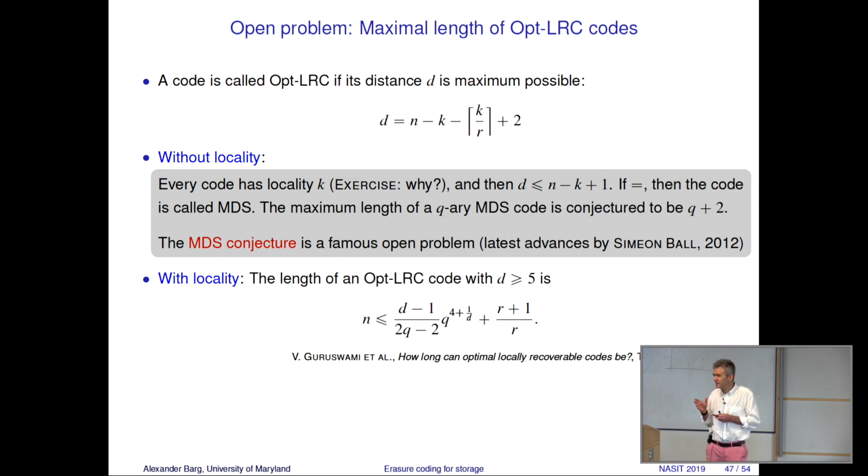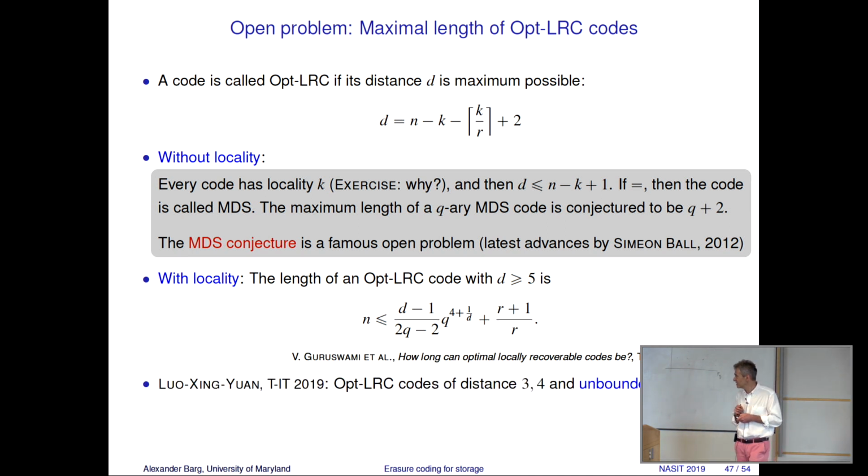Why? Because the proof has utilized a particular structure. It is not at all clear to me that that structure is what should enter this argument. So I would say this is not a final result, but nevertheless, it's very nice. There are optimal codes of distance 3 and 4 of unbounded length.